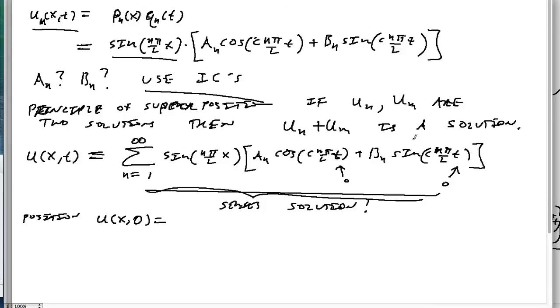And the sine term, of course, goes away. And we're left with the sum from n equals 1 to infinity of an, and the cosine term, if I put a t in there, becomes 1, times sine n pi x over L. So we have a sine series.